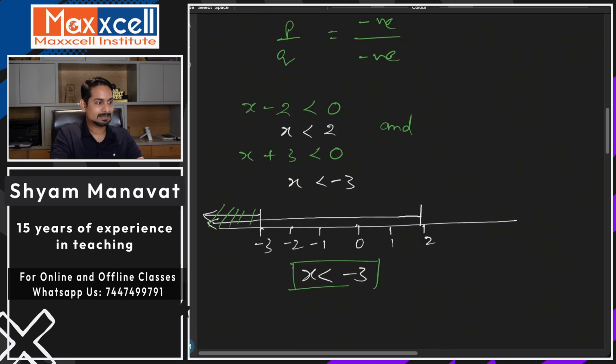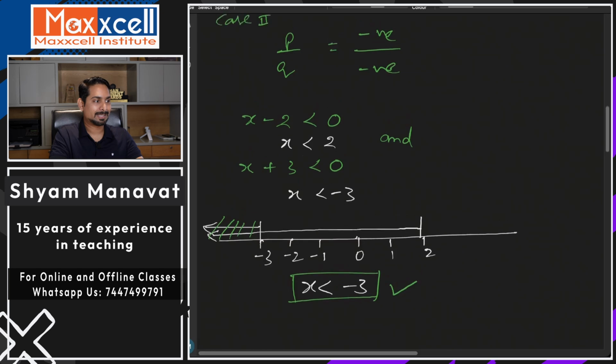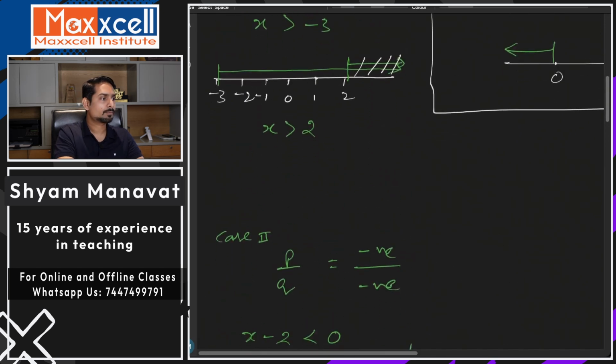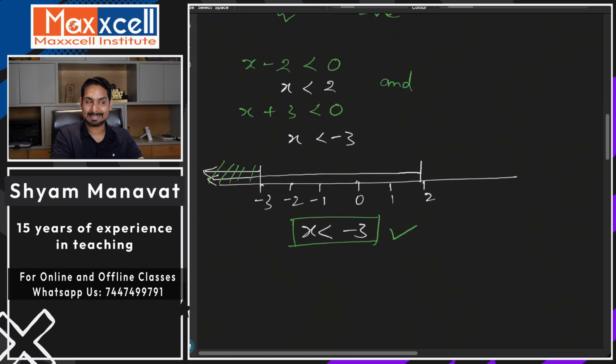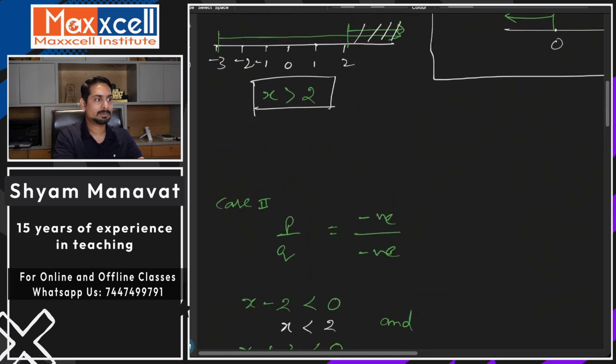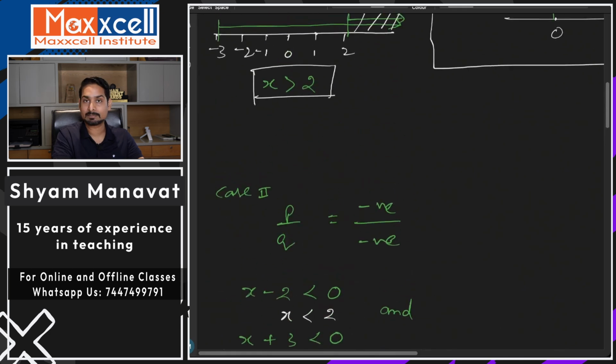So this also works. That means from the first case you got x more than 2, second case you got x is less than minus 3. Now between these two conditions, what should be the conjunction between case number 2 and case number 1? What should be the conjunction? And, or, which one?